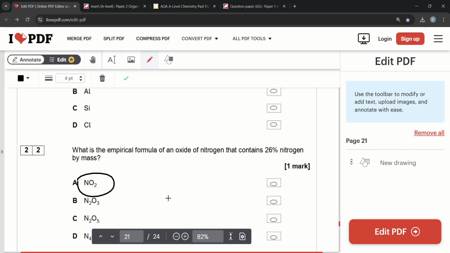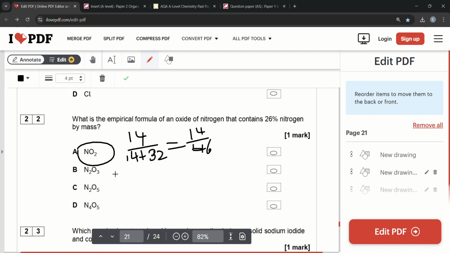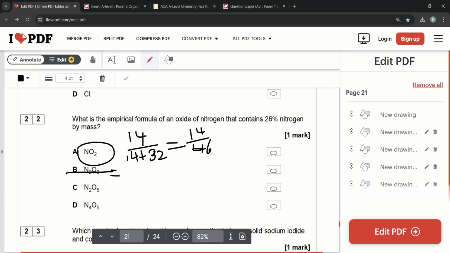Well, nitrogen is 14, so 14 divided by 14 plus 32, which is 14 over 46, which is not 26%. Actually, I'm just going to put it in my calculator: 14 plus 14 over 16 plus 16 plus 16 plus 14 plus 14, that is 36%, so it can't be that.